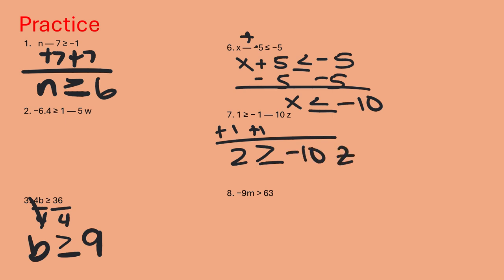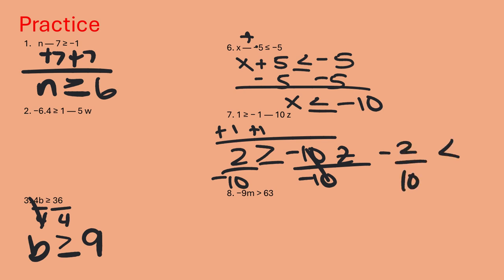What do I divide by now? 10. Are we dividing by a negative? I have to reverse. So it's going to become negative 2/10 is less than or equal to z.